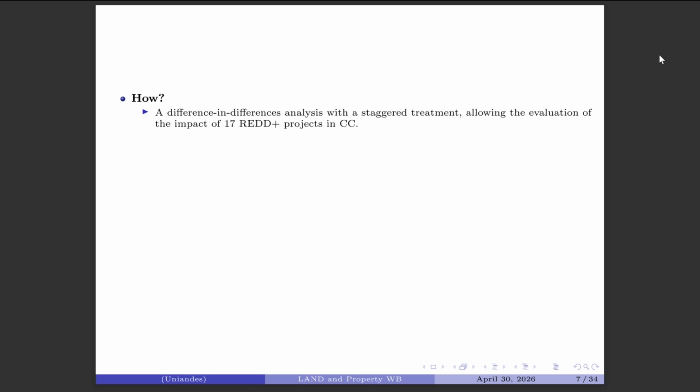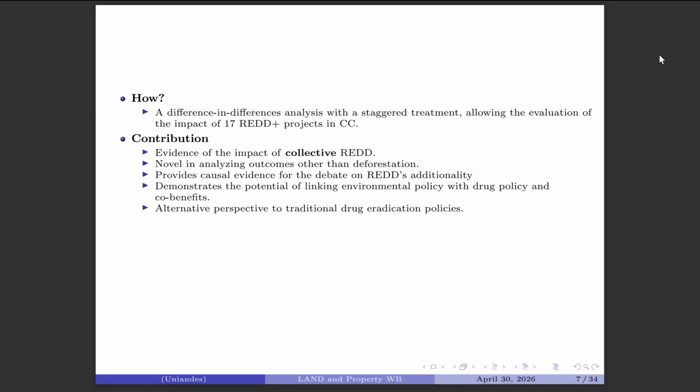How do we answer this question? We implement a difference-in-differences analysis with staggered treatment, allowing the evaluation of the impact of 17 REDD+ projects in 33 community councils. And I want to highlight the main contributions of this paper. The first one is that we give evidence of the impact of collective REDD+ projects, because we have only very mixed evidence from general REDD+ projects.